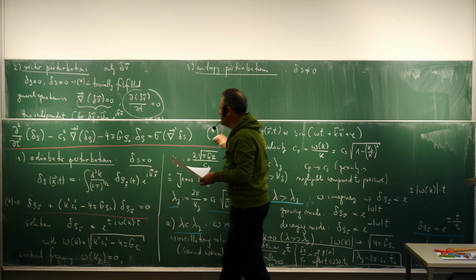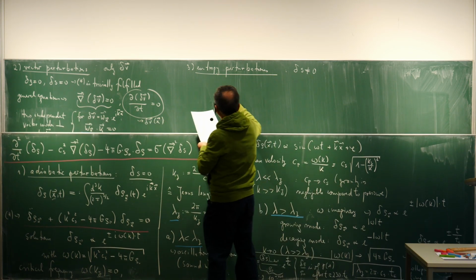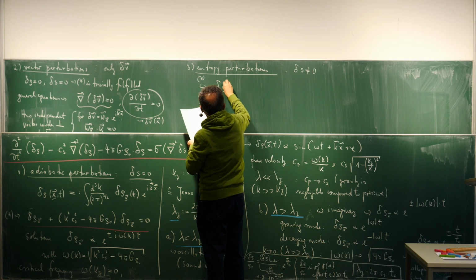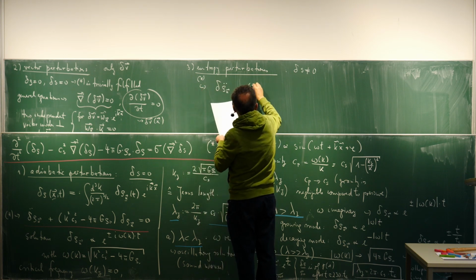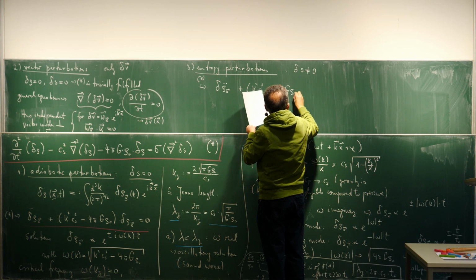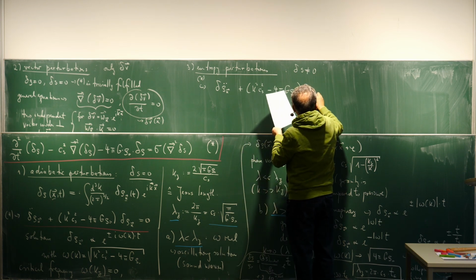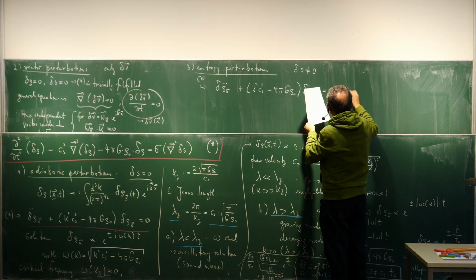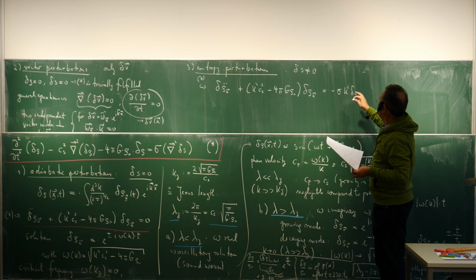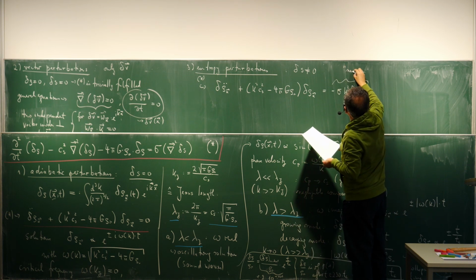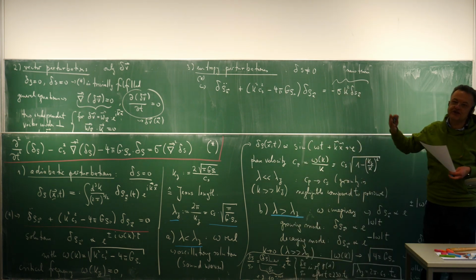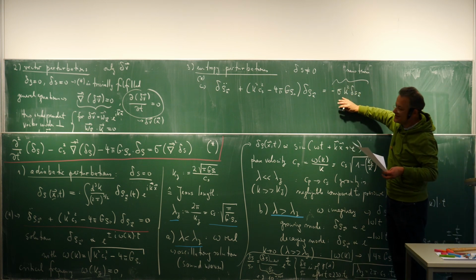From equation star: delta rho k double dot plus k squared cs squared minus 4 pi g rho naught delta rho k is minus sigma k squared delta s k. That's a new term compared to earlier, an inhomogeneity in the sense of the differential equation. So that's a homogeneous equation, and then that's the inhomogeneity.